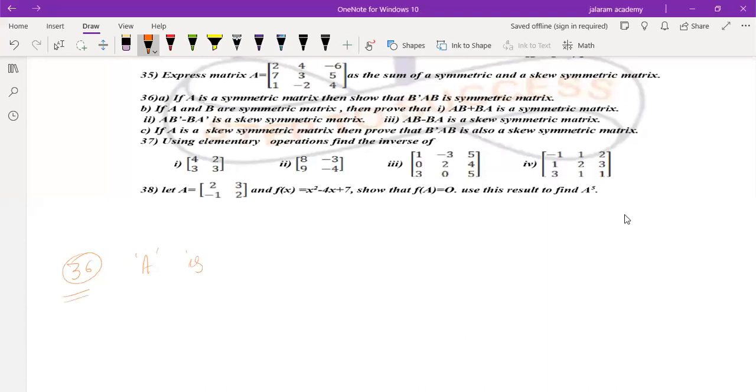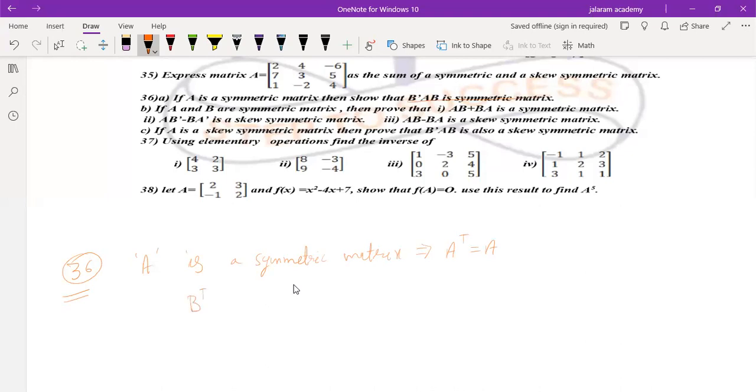And number 36, A is a symmetric matrix. It means that we have to use the conclusion from this. If A is a symmetric matrix, means A transpose equals A. Then B transpose AB is also a symmetric matrix.